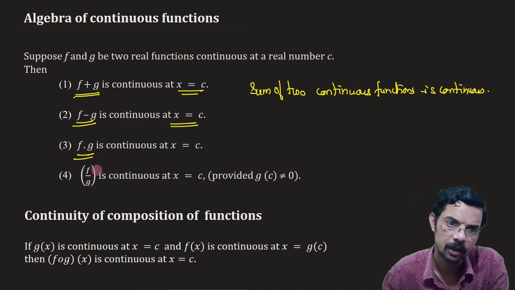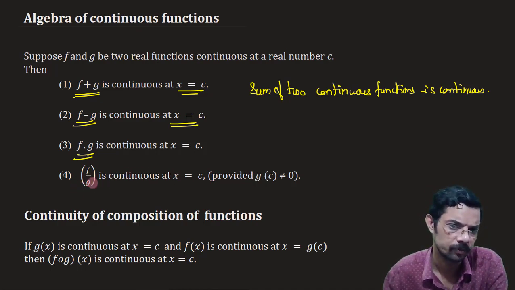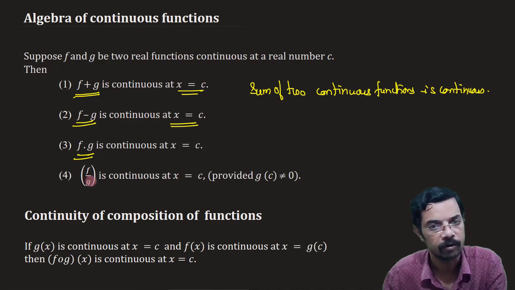In the same way, f by g is also continuous at c, given that the denominator part, that is g of c, is not equal to 0. g should not become 0 at that particular point, because in that case this quotient function will not be defined.